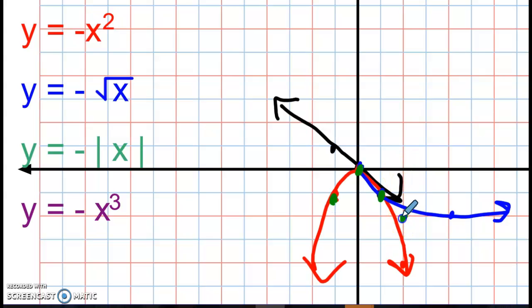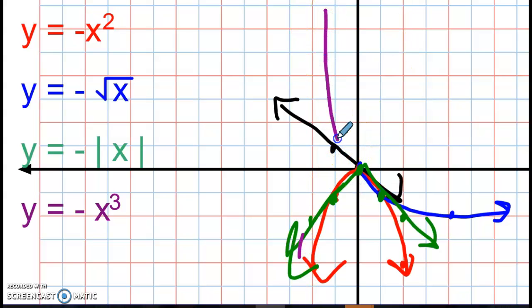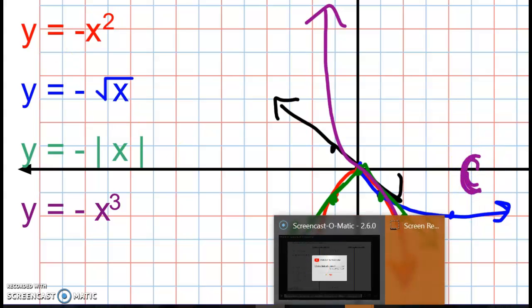Same with 2, -2. We get a V that's upside down. It's hard to see this with -x cubed, but we remember what x cubed looks like. It's going to be going this way. It's like I just took the usual cube graph and flipped it around the x-axis.